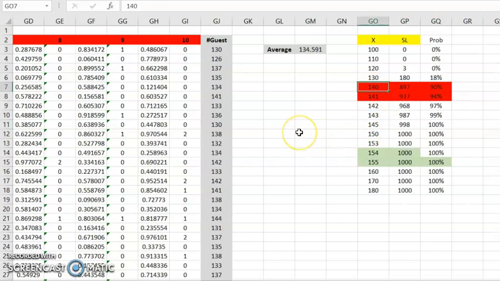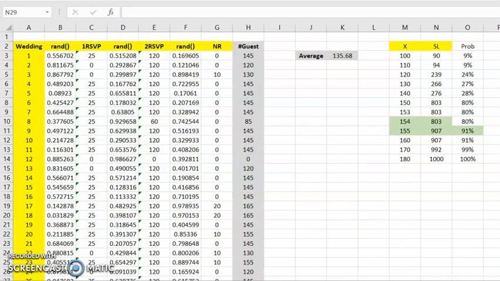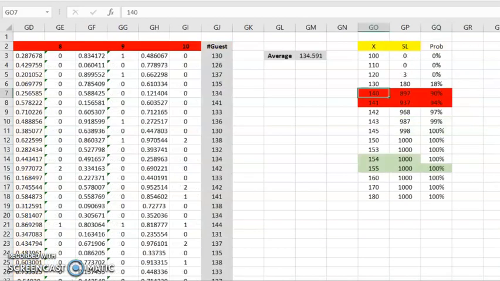So here it is different, because in the previous one, as far as I remember, it was 155, but according to this model you need to get prepared for 140 or 141.